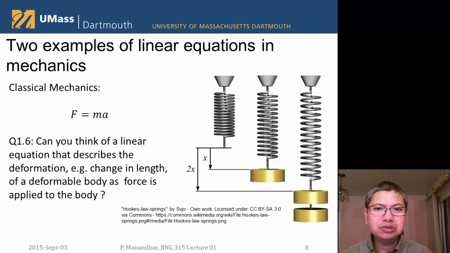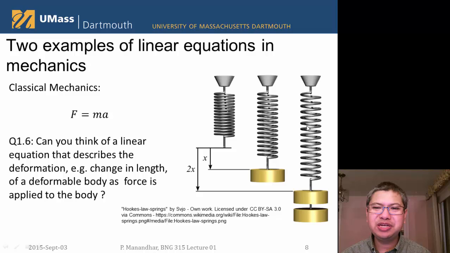So let's look at two examples of linear equations in mechanics. One of the classical equations in classical mechanics is F equals ma. And can you think of a linear equation that describes deformation? For example, change in length.